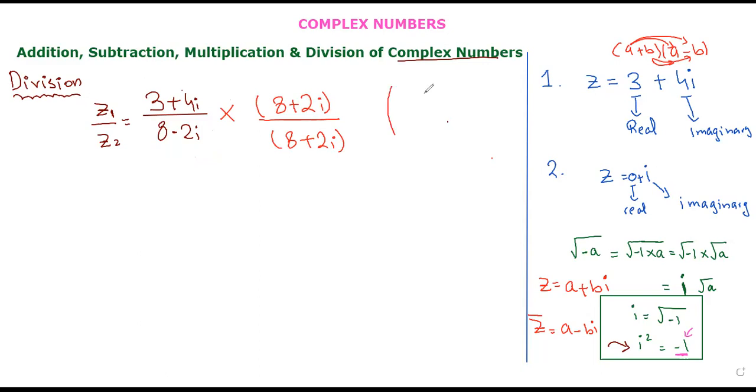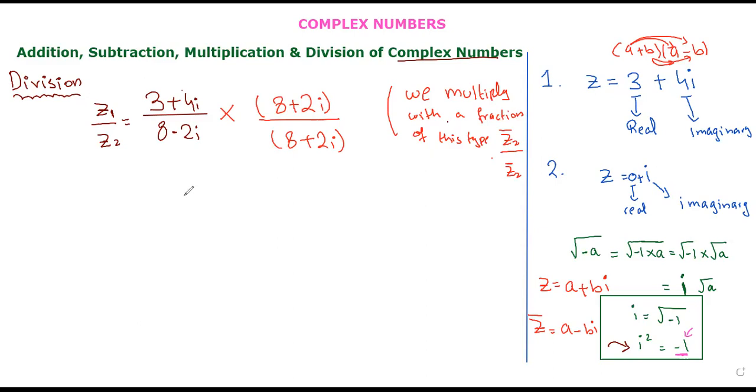We multiply with a fraction of this type: z2 bar divided by z2 bar. Obviously, we can multiply by a fraction equivalent to 1 because numerator and denominator are same. So it is mathematically correct and we have to rationalize. Now let's do it.